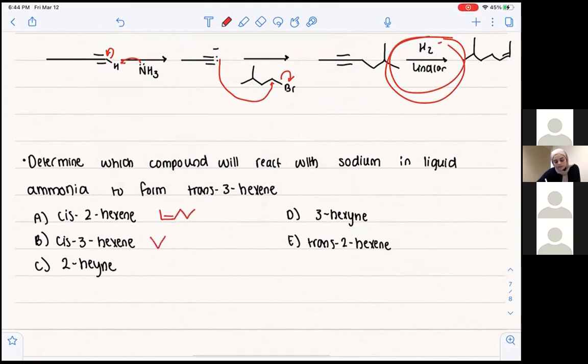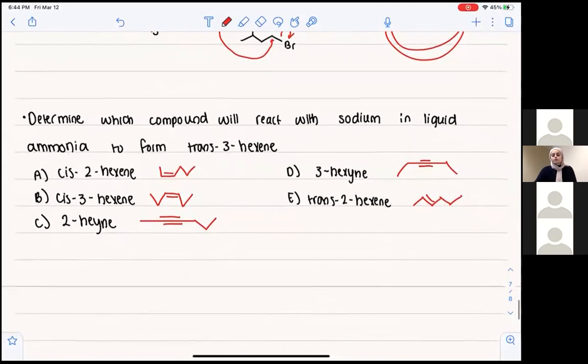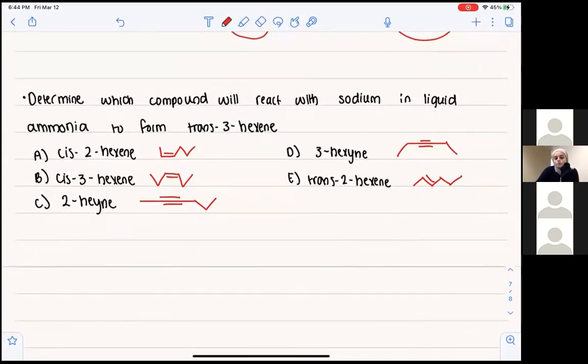Or we can have this, or we can have this, or this. And because over here we are reducing it, we're going to want to have our starting product obviously be something that is an yne.